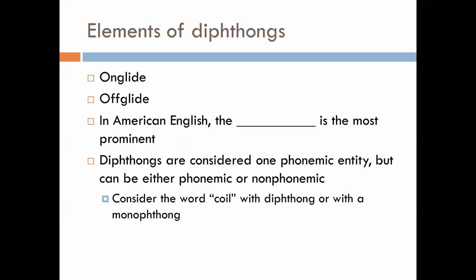An on-glide is our first part. Fairly simple. And in American English, you'll find that for diphthongs, the on-glide is always the most prominent. So you make note of that here in your notes. Right, it's always our first part that sticks out. We say I, not I, or that would just sound weird to us.